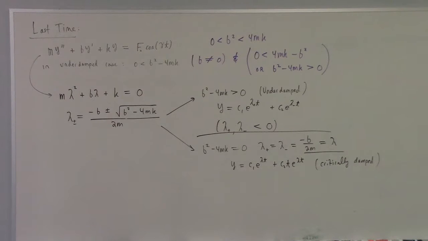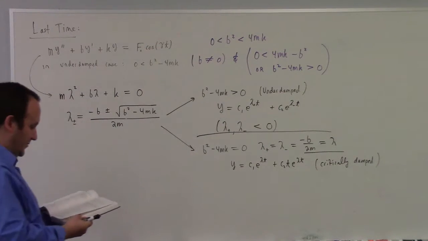Let's see here, underdamped or oscillatory. So that's actually b squared greater than... critically damped I've got right. I'm not sure about the underdamped at the moment.